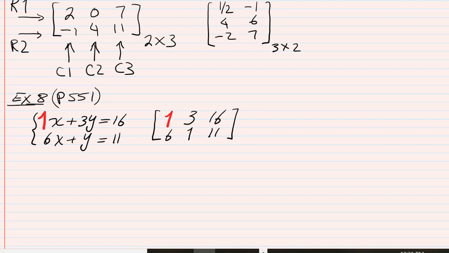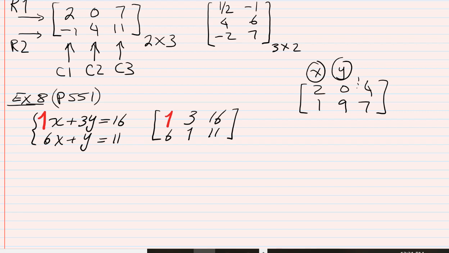We should be able to go back and forth between the matrix and the system. Before we actually solve this, let me make up a system. Suppose the matrix has rows 2, 0, 4 and 1, 9, 7. Remember, the numbers in the first column are the coefficients on x, and the second column are the coefficients on y.